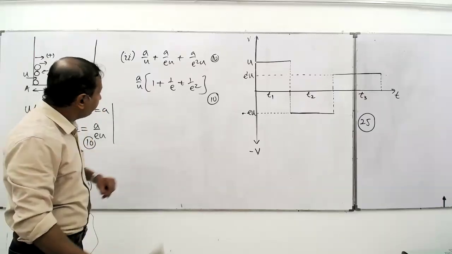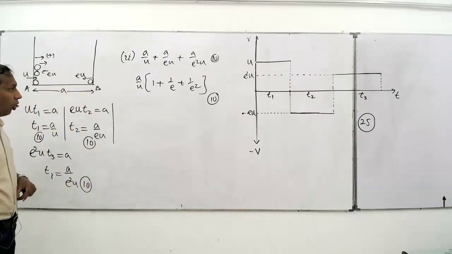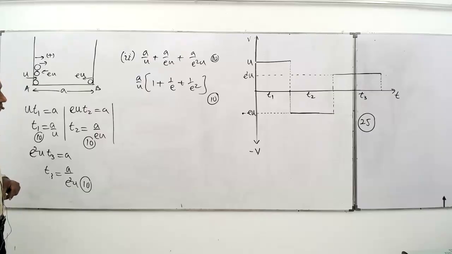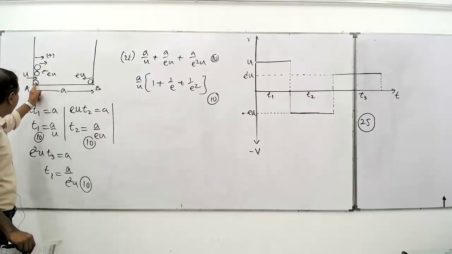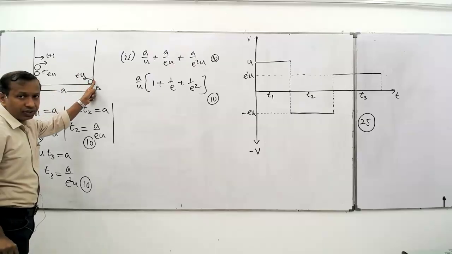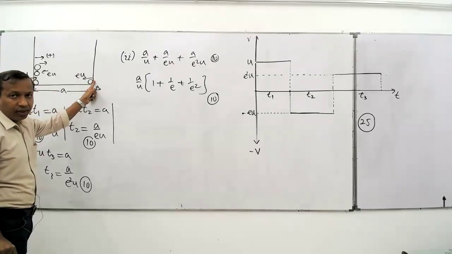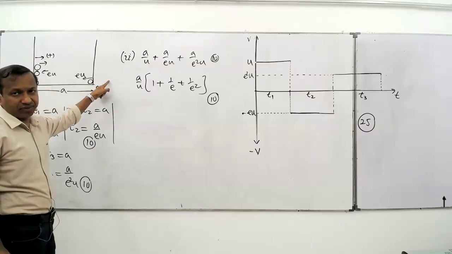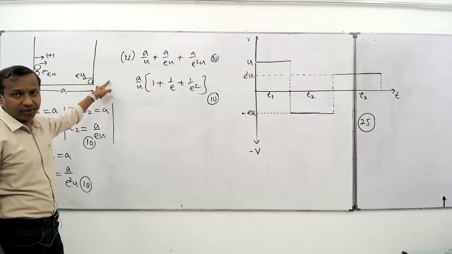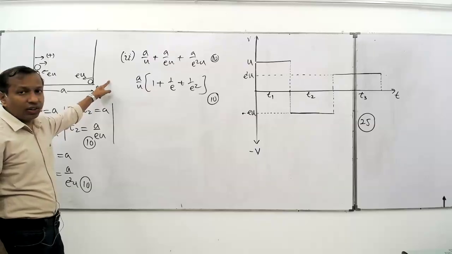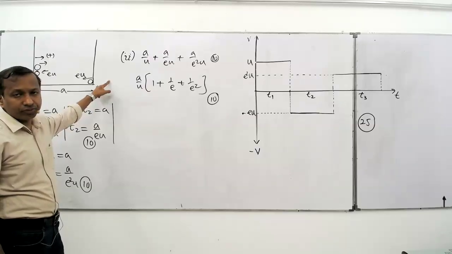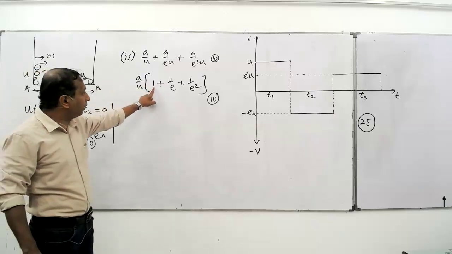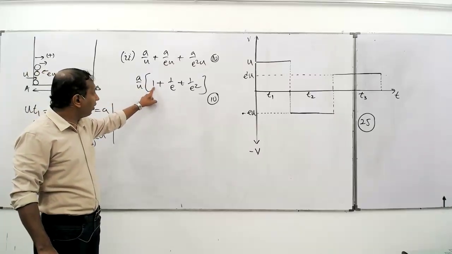Now let's see here. How many collisions are available so far? Start from here. First collision. Then came here, second collision. Up collision. 3 collisions available. Then inside the bracket, see here. What is this one?